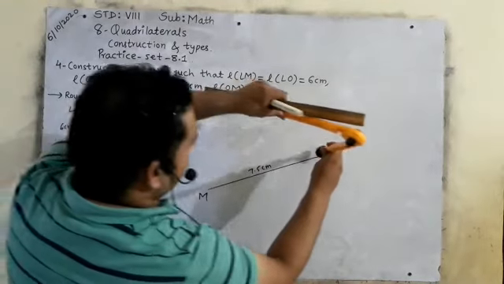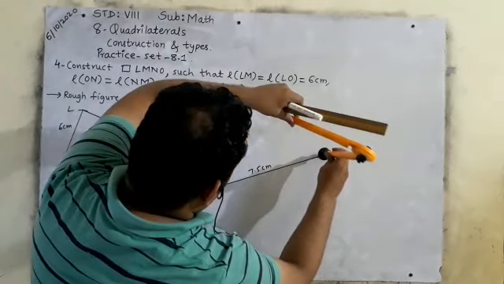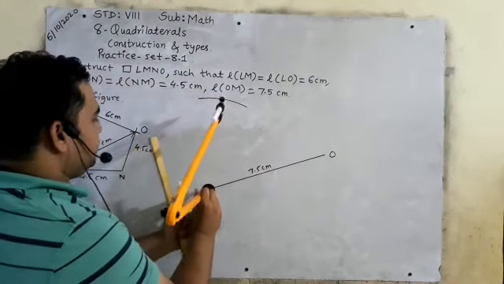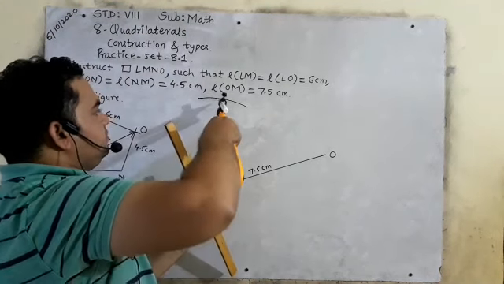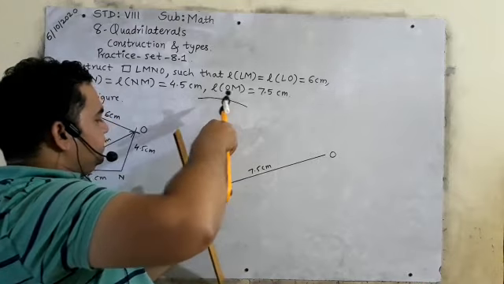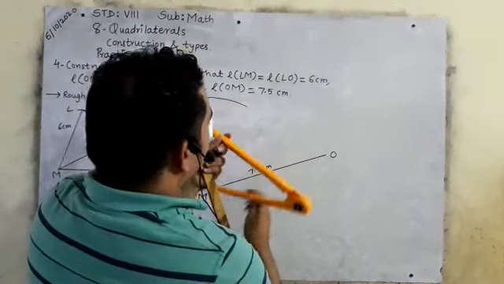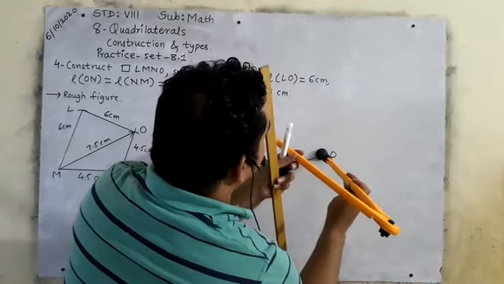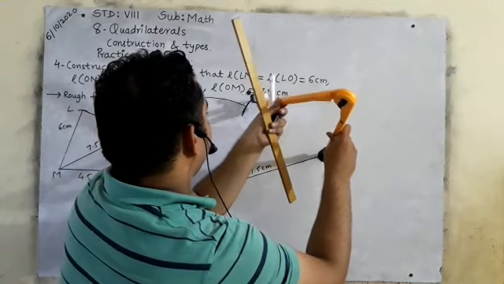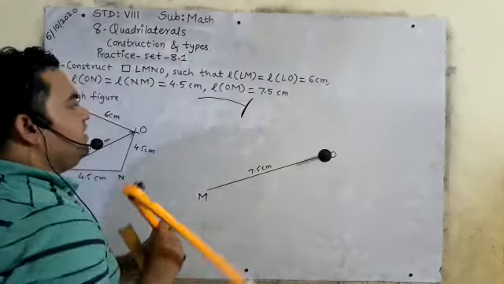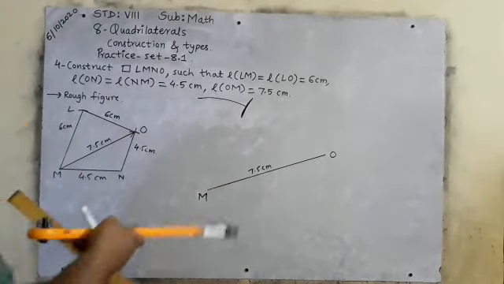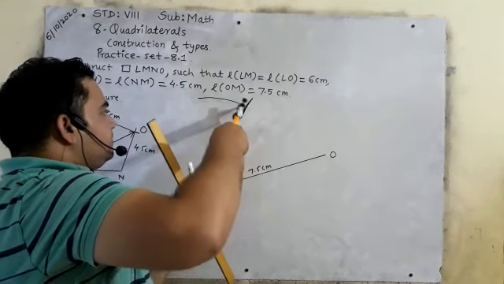So I will keep the compass on O, the same distance, 6 centimeter, and I will make the arc from O. Then again I will keep on M and increase that arc.